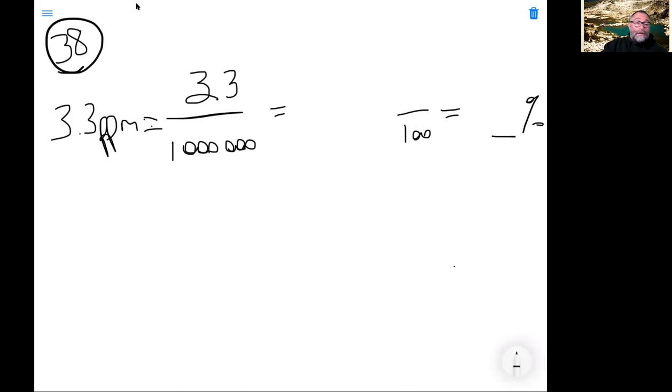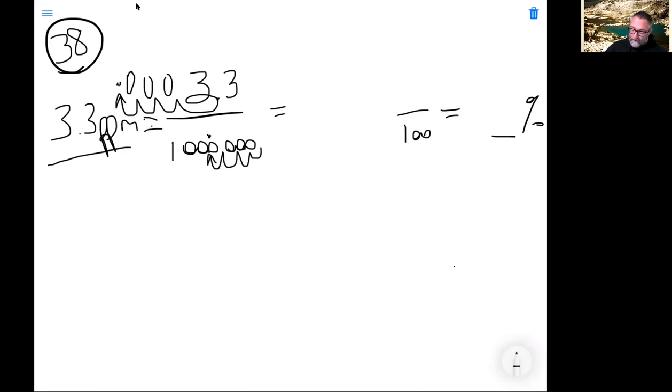So I'm just going to move decimals. I'm going to go 1, 2, 3, 4, and that would make it 100. So I'm going to do the same thing up here. 1, 2, 3, 4. That's where the decimal goes. And then I fill those in with zeros. And there's your answer.